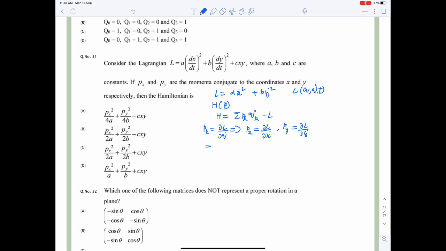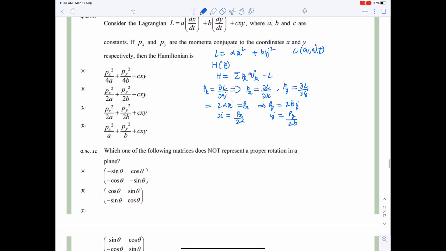So when you apply this, you will get px equals 2 alpha x dot, and when you apply it for py, you will get 2b y dot. So from here you can calculate x dot, which is px upon 2 alpha, and y dot is equal to py upon 2b.